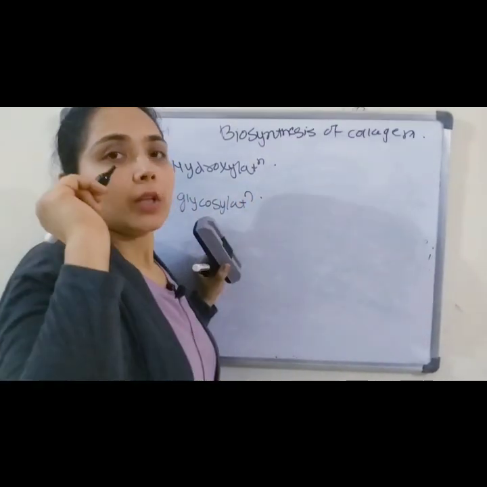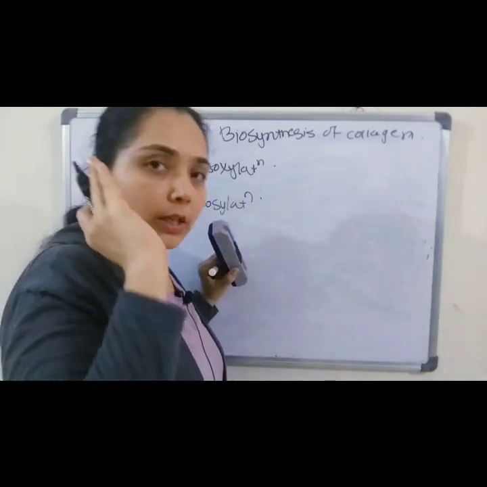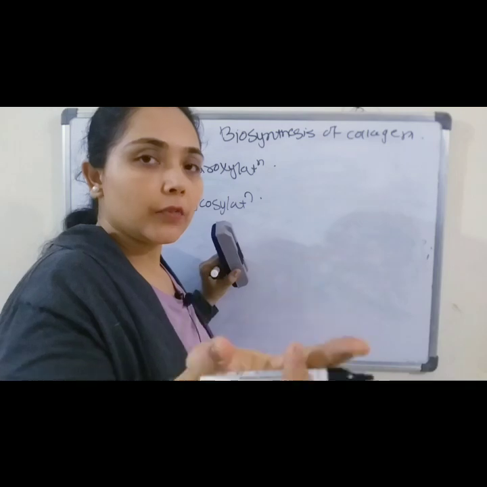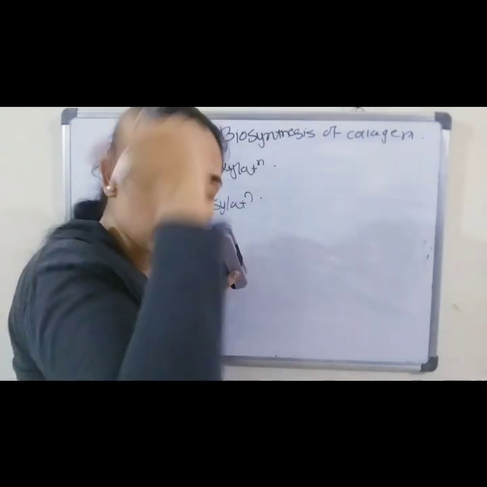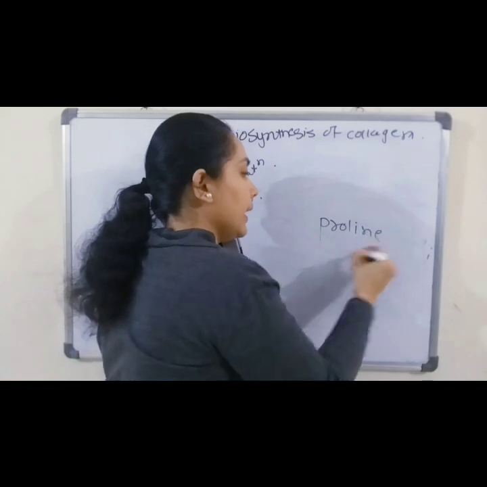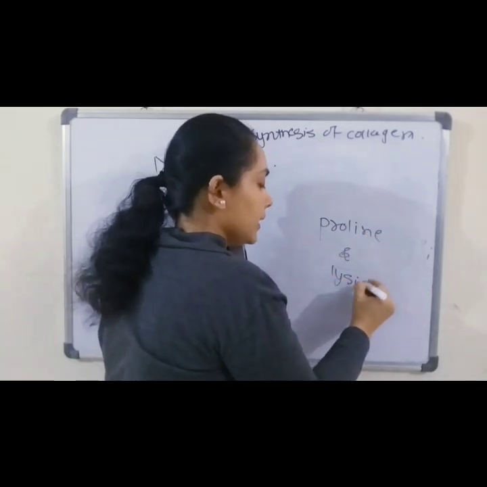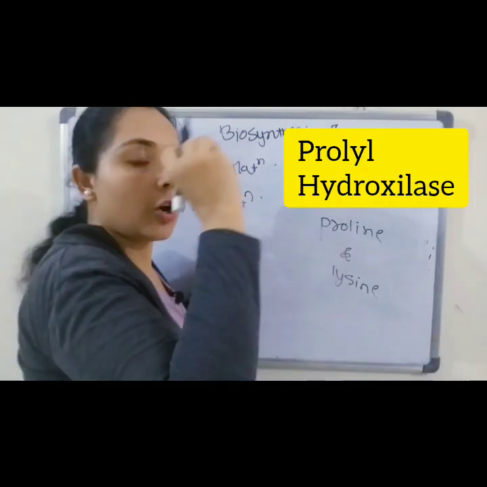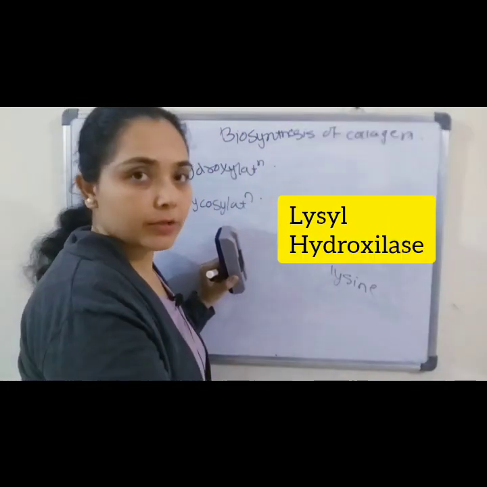Hydroxylation means that on the proline or the lysine amino acid residue, an OH group will attach to proline and lysine in the presence of the enzyme prolyl hydroxylase or lysyl hydroxylase.